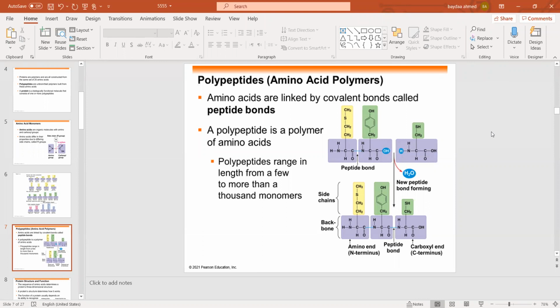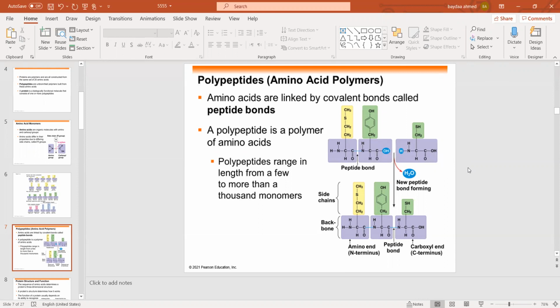Let's see how they are linked to form polymers. When 2 amino acids are positioned so that the carboxyl group of one is adjacent to the amino group of the other, they can become joined by a dehydration reaction with the removal of a water molecule.